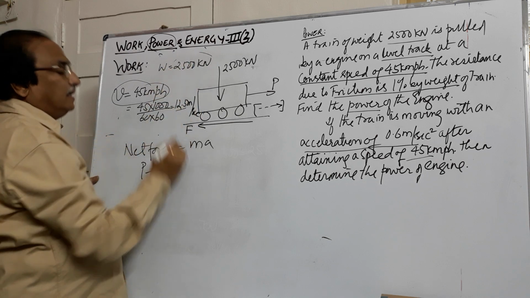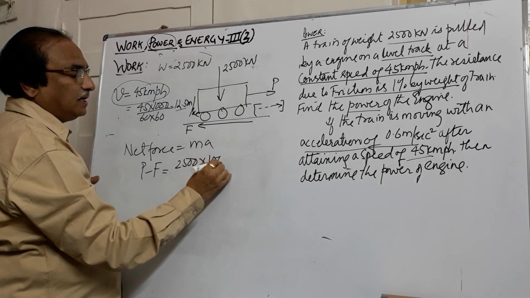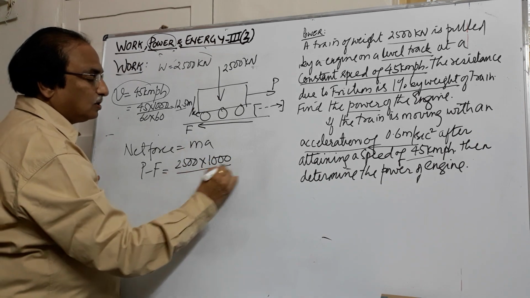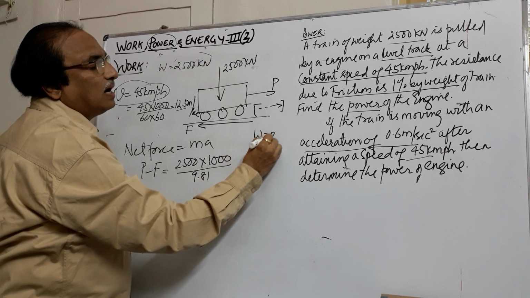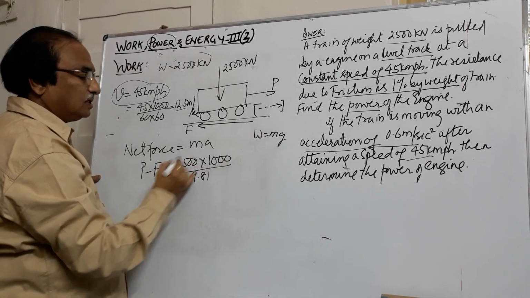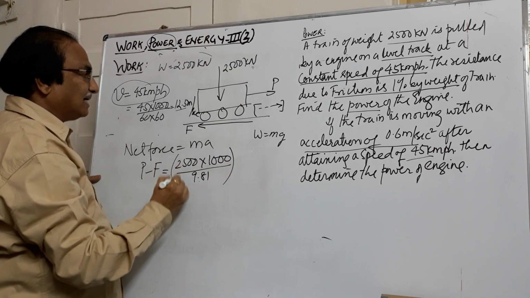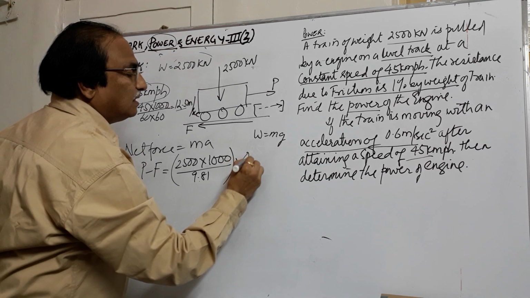The weight of the train is 25,000 kilonewton. Let us convert it in Newton. We want mass, so divided by 9.81. We know weight is equal to mass into acceleration due to gravity. Mass will be W by G. So this is W divided by G, and the acceleration with which it is moving is 0.6 meter per second square.